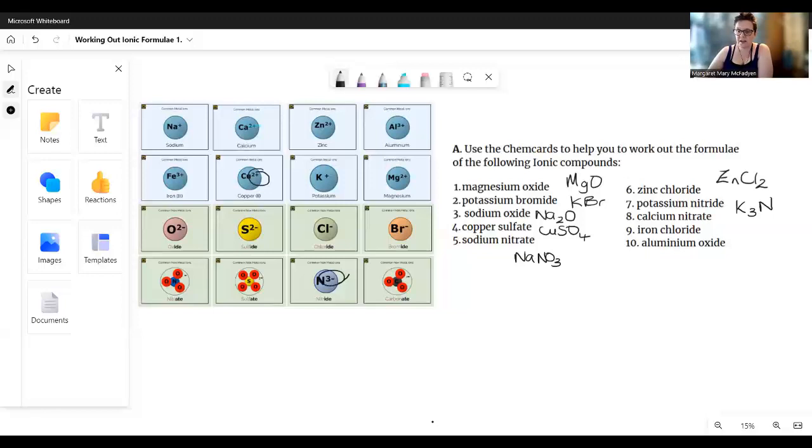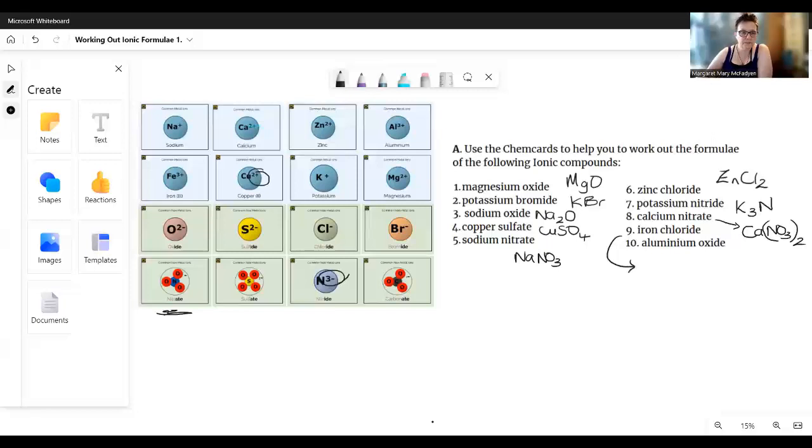Calcium nitrate, this is when we start to get tricky now. Calcium nitrate is going to be Ca(NO3)2, but you're going to need 2 nitrates because they only have 1 minus. So because that is a whole group, as you see here, you need to put that in brackets with the 2 outside. So you need 2 of that group, 2 of that card to cancel it out.